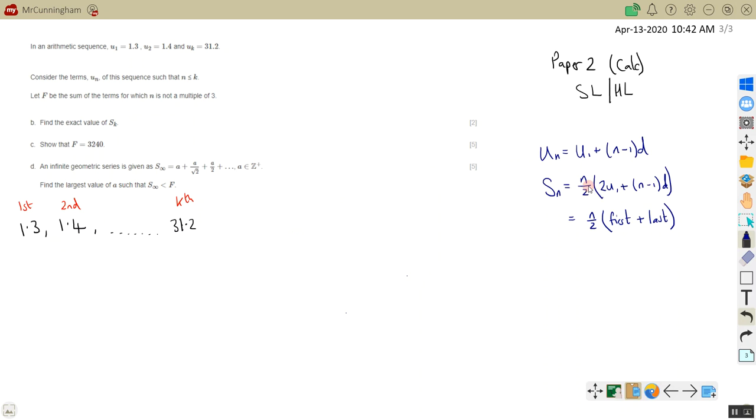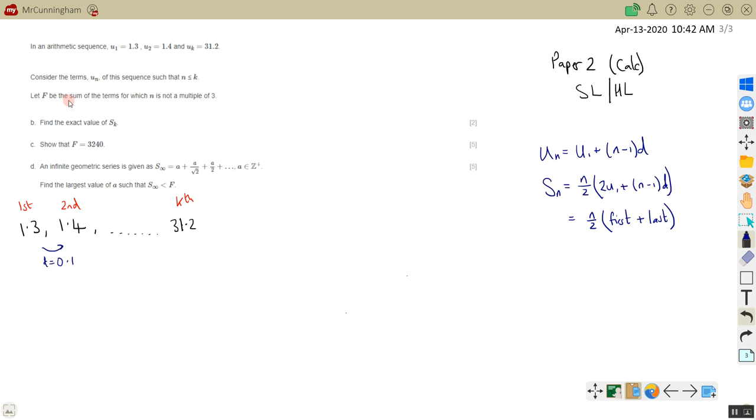So the first thing we need to work out is, I haven't even read what the question is, but I am wanting to just have a look at this. What is d? d is the common difference. Okay, what do I add on? I'm adding on 0.1 each time. So I've got my first term, I've got the common difference. We're told, consider the terms un of this sequence such that n is less than or equal to k.